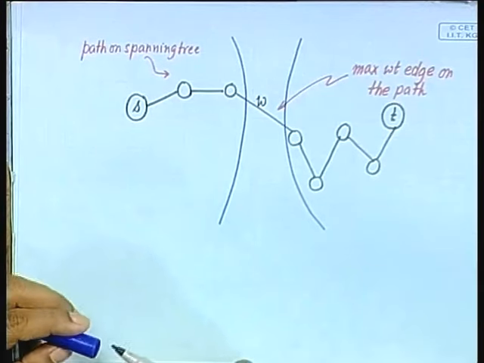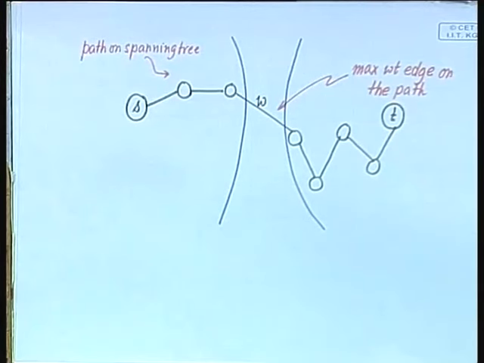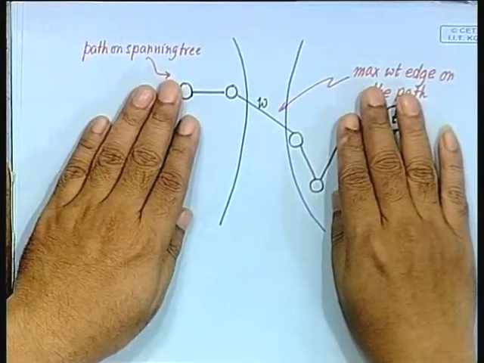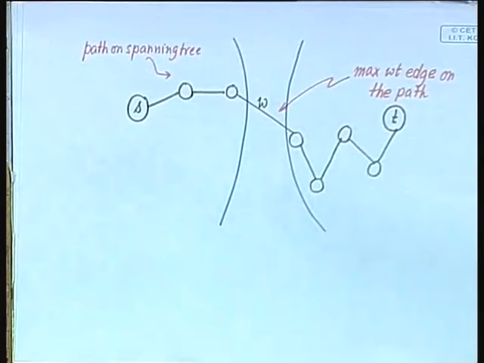Now, suppose between the vertices on this side and the vertices of this side, there are other edges which are not in the spanning tree. Okay. In the graph, there can be other edges between these which are not there in the spanning tree.